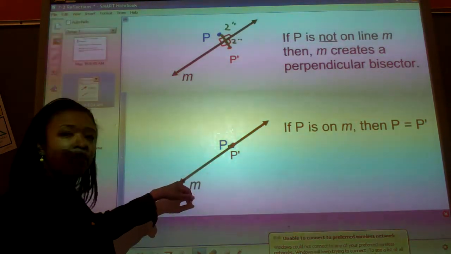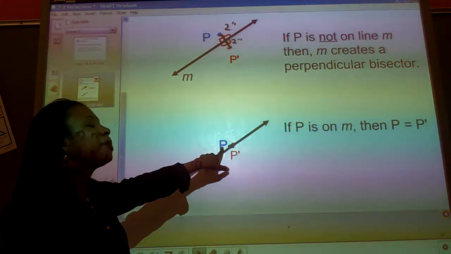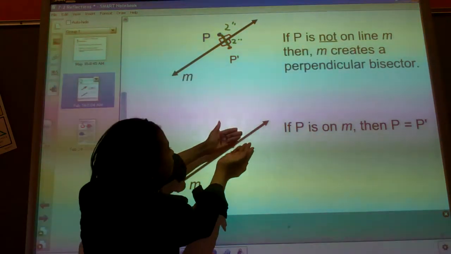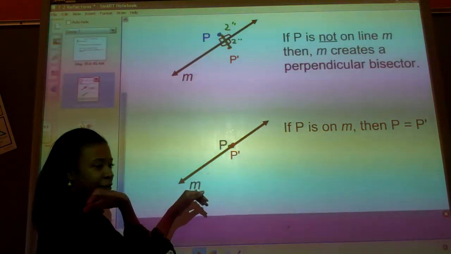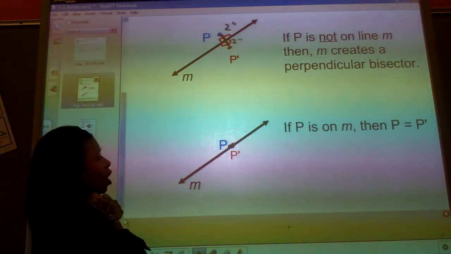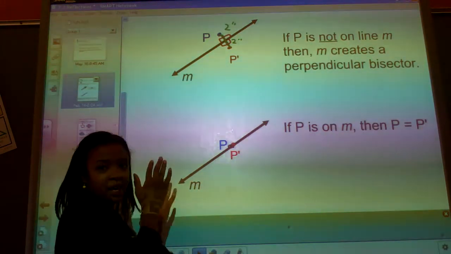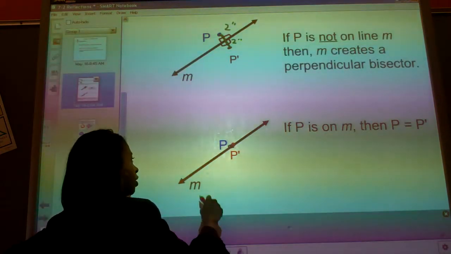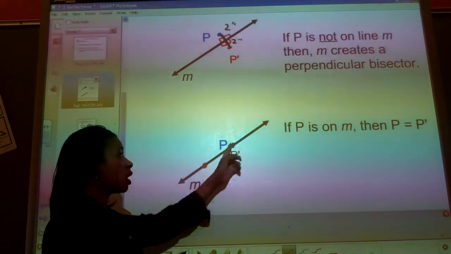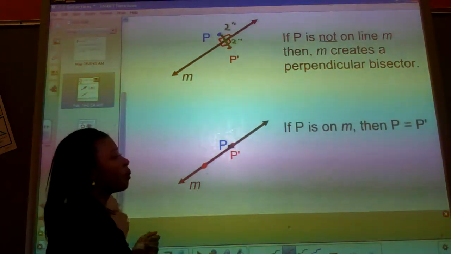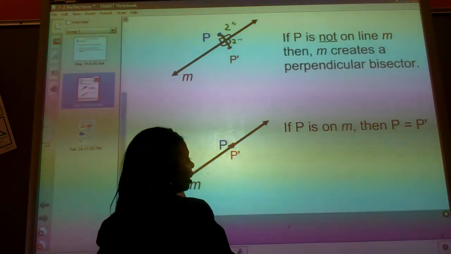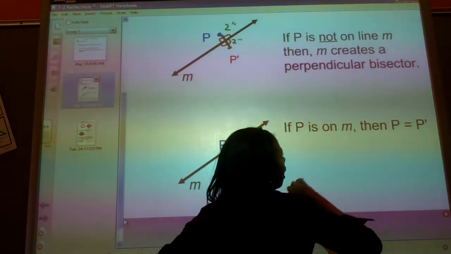Let's suppose I still have the line of reflection M. If P, the blue, is on line M, if I fold on line M, or the line of reflection, that automatically means that P prime is also going to be on the same exact line, in the same place. If they're both on the line, if I fold on the line of reflection, that means the prime will also be in the same place. So P, in that case, will be equal to P prime.